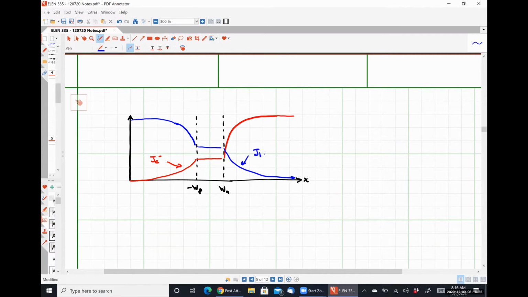So this is our whole diffusion current density. And if we add these currents up, they give us a constant value of current across the crystal. So this is JD total.